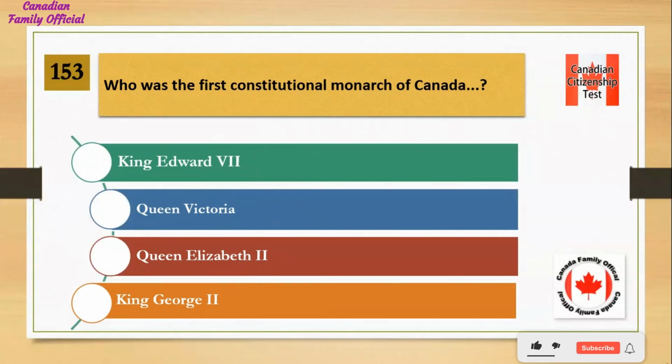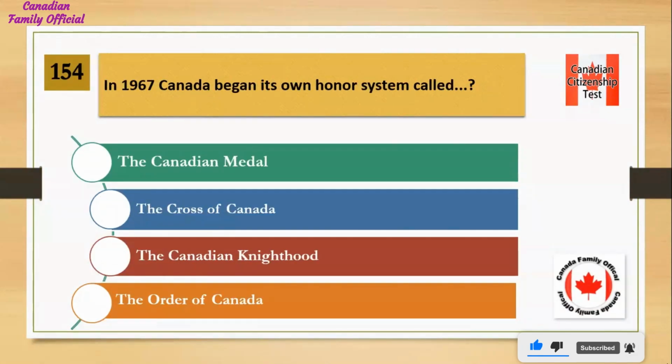Who was the first constitutional monarch of Canada? Number 1 King Edward VII. Number 2 Queen Victoria. Number 3 Queen Elizabeth II. Number 4 King George II. And the answer is Queen Victoria.